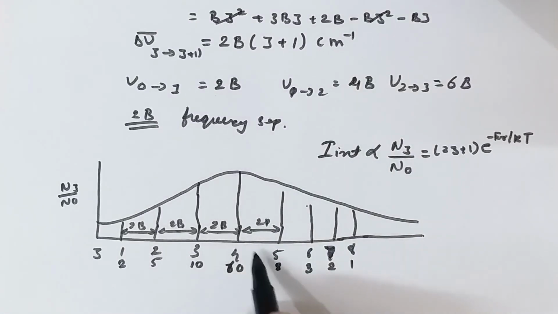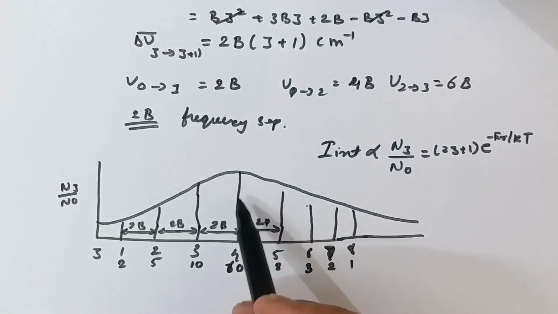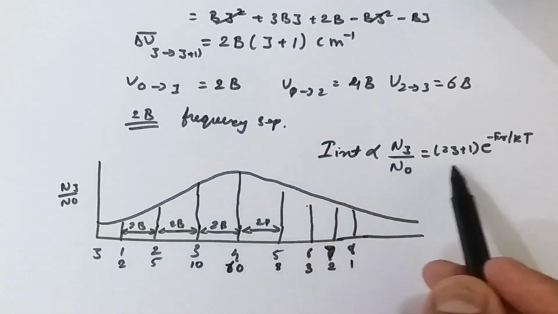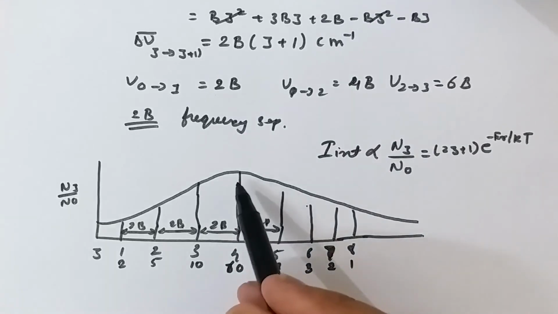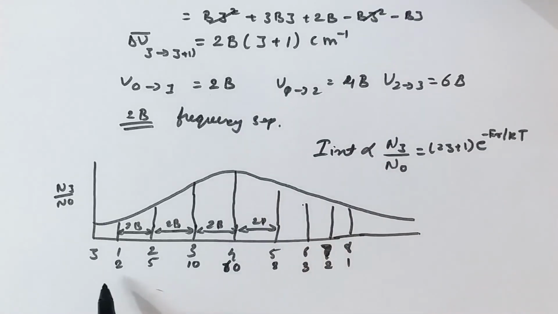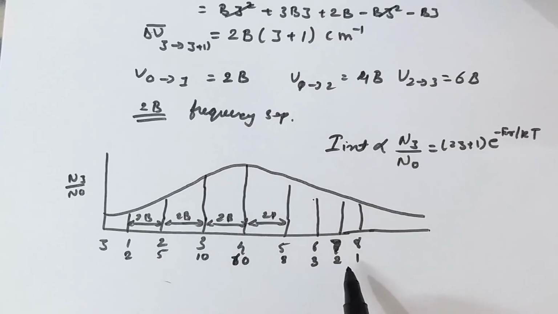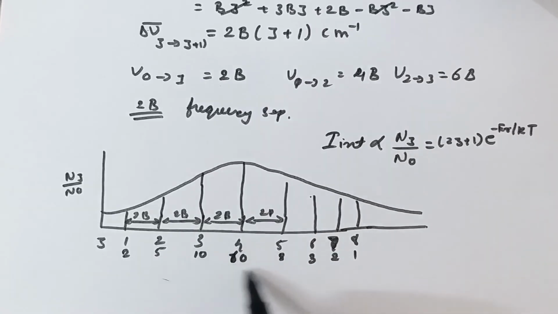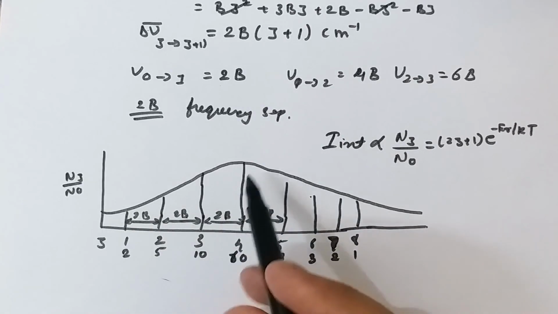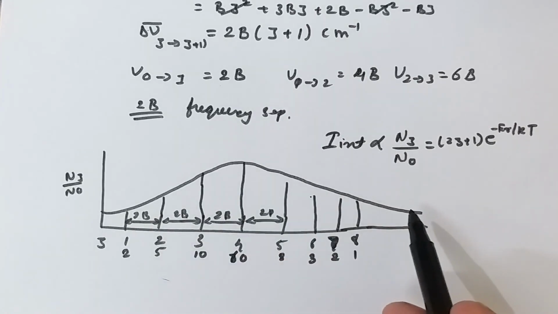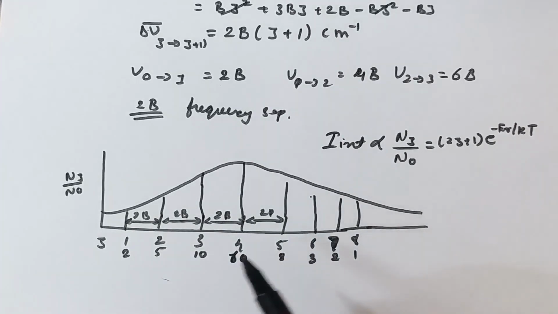So energy level 4 is most populated, and hence the intensity will be highest according to the Maxwell-Boltzmann distribution law. The remaining levels are very less populated as compared to the most populated one, and hence we will see a mountain-like graph in the case of rotational spectra.